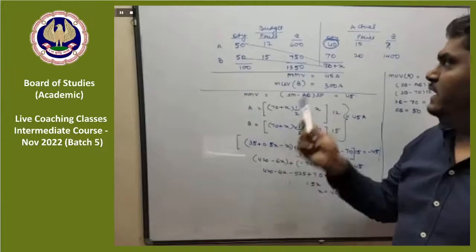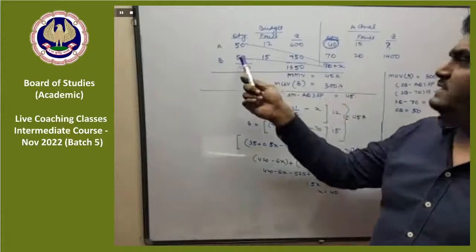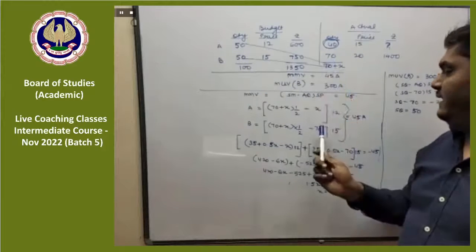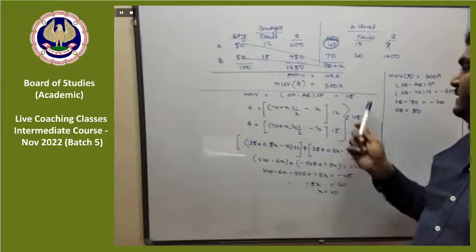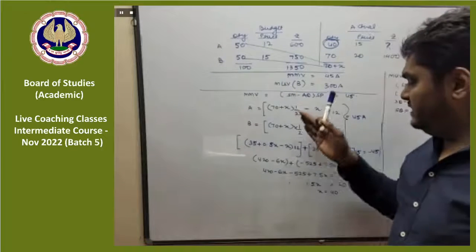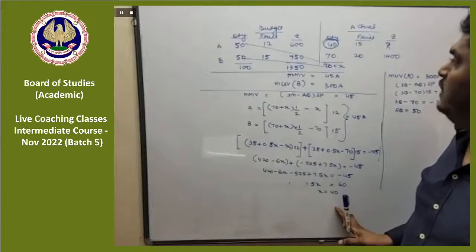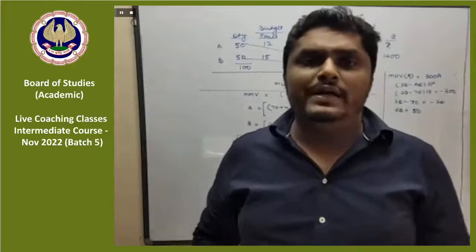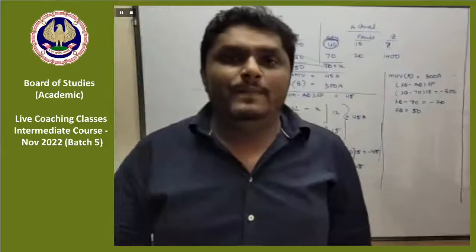Similarly, again, standard mix for B will be 70 plus X into 1 by 2 minus the actual quantity, that is 70, multiplied by standard price, and the total should be 45. So just simplifying this equation, I'll get the value of X, that is 40. So now I have the figure of my actual quantity of A, B 40.